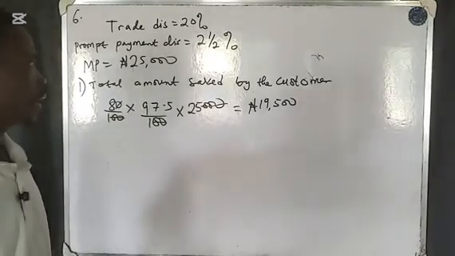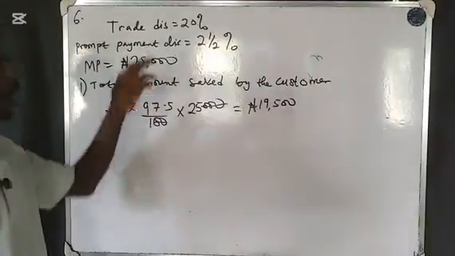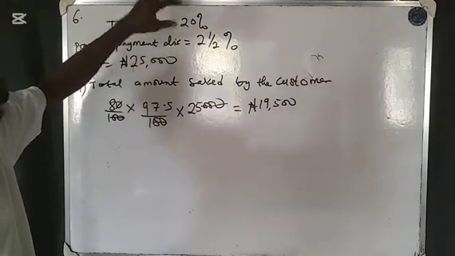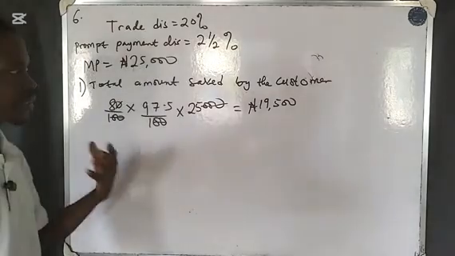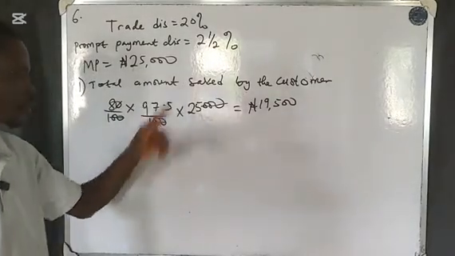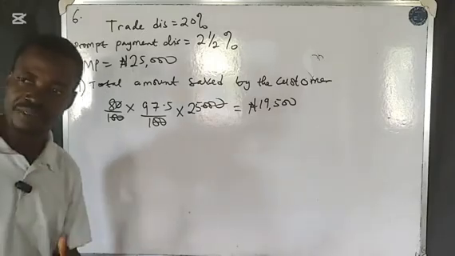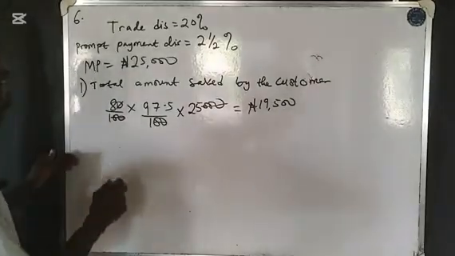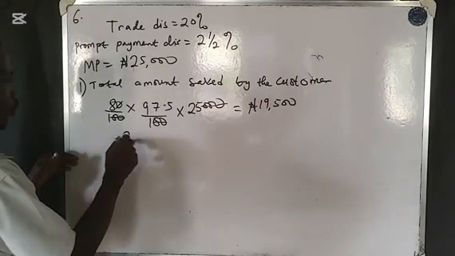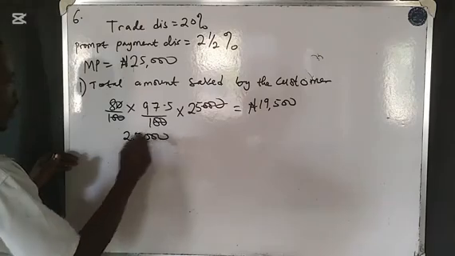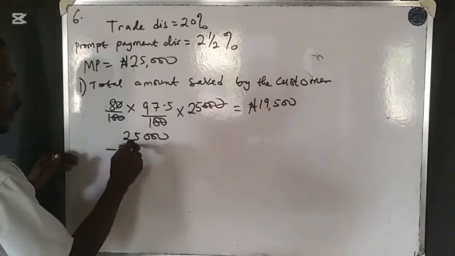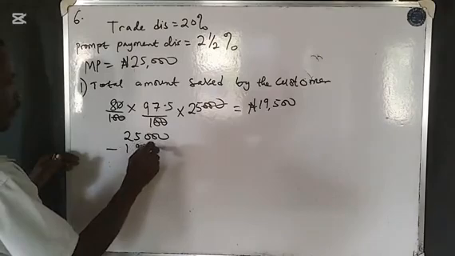Because of the promo, the trade discount given to him, and the cash discount for paying immediately given to him, what is the total amount saved? This one we will remove from this one. The balance will be the amount saved. So we now say 25,000 minus this one, 19,500.